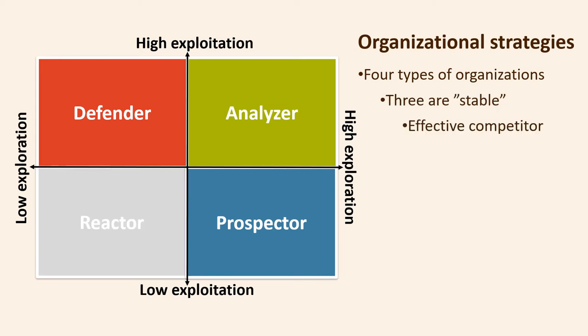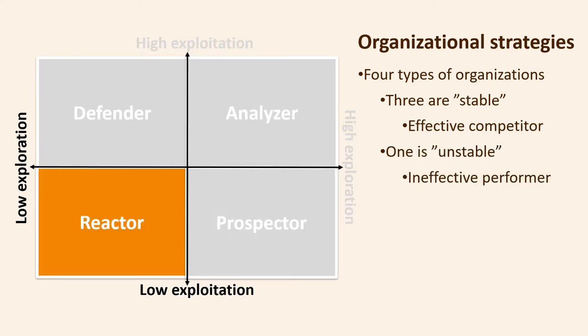Three of these strategic types, labeled the Defender, the Analyzer, and the Prospector, are stable forms of organization. If management chooses to pursue one of these three strategies and designs the organization accordingly, the organization may be an effective competitor in its particular industry over a considerable period.